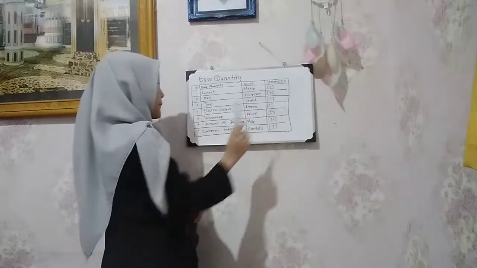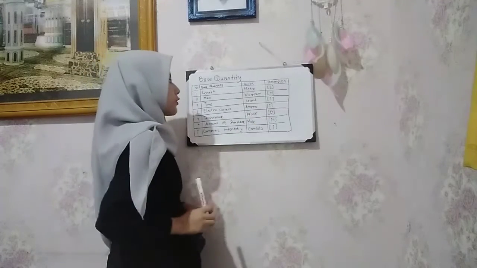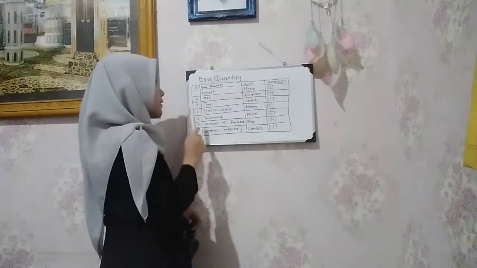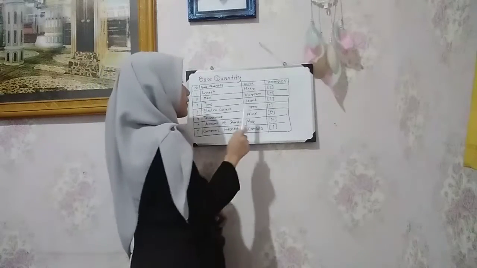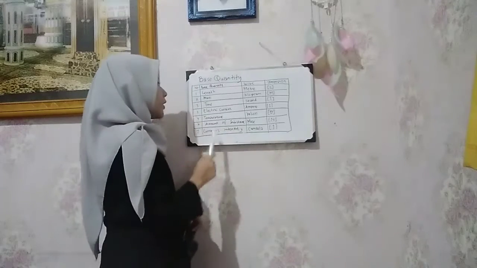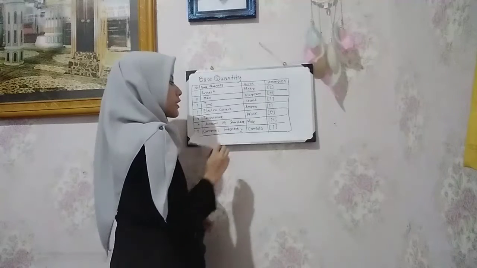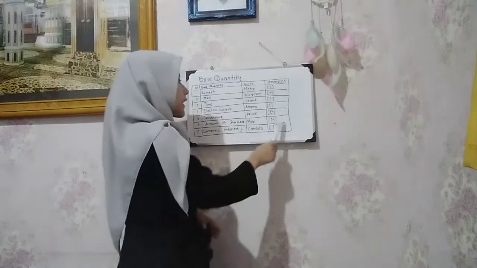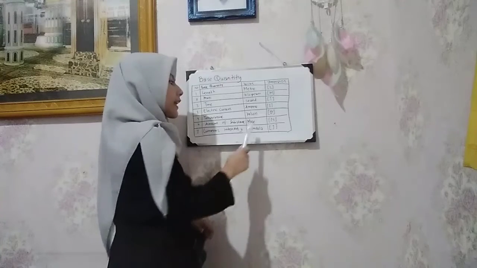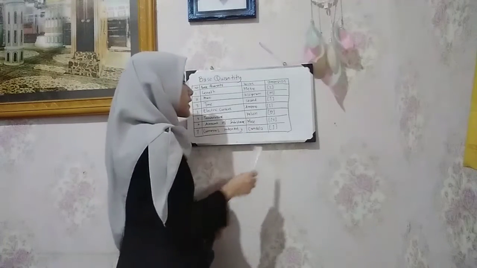Dimension is T. Electric current. Unit is ampere. Dimension is I. Temperature. Unit is Kelvin. Dimension is theta. Amount of substance. Unit is mole. Dimension is N. Luminous intensity. Unit is candela. Dimension is J.